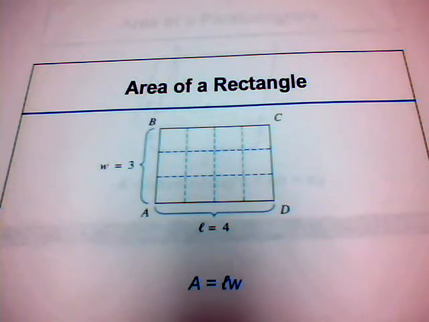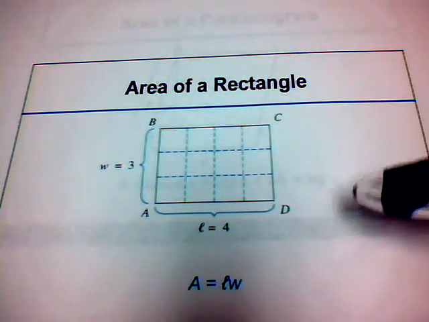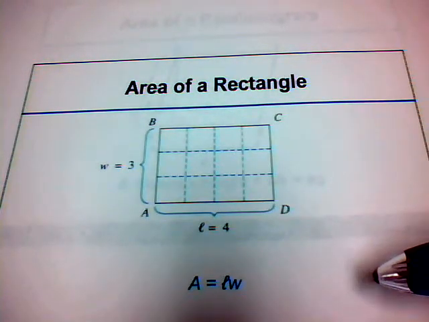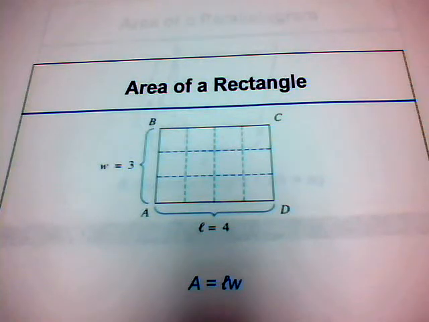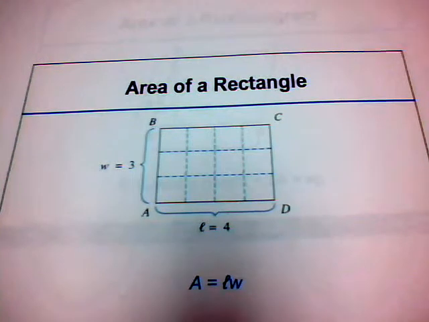So the area of that rectangle will be 12 square units. Now, had it said inches here and here, then you'd say 12 square inches for the area. But the units are not given, so we just say 12 square units.